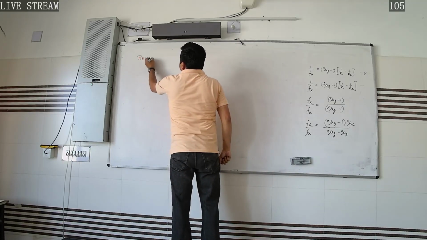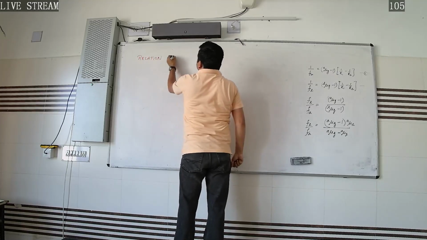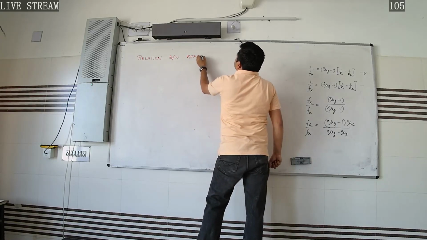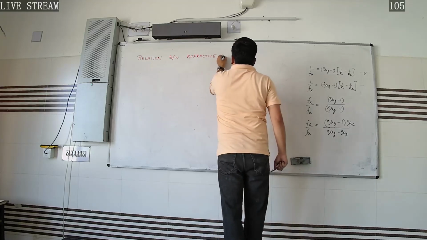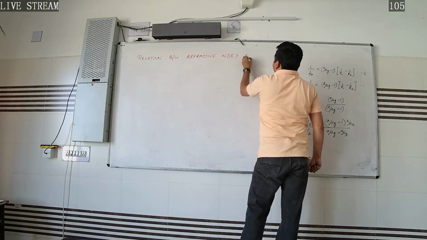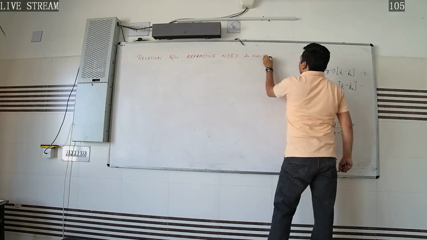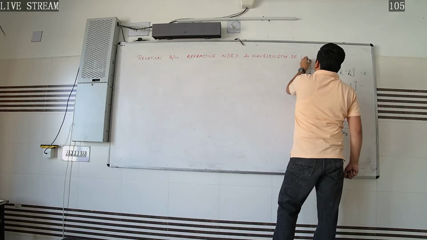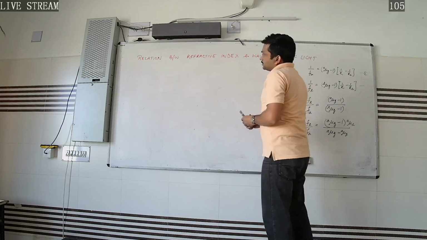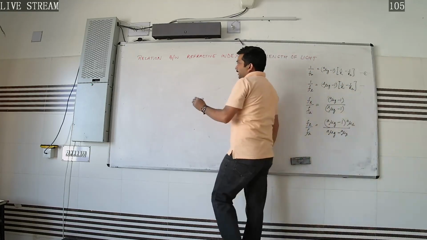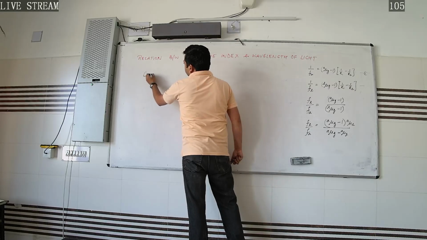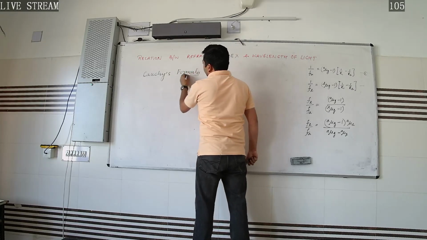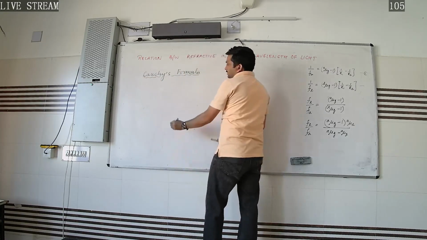This thing should be kept in mind: the relation between refractive index and wavelength of light is popularly known as Cauchy's formula, C-A-U-C-H-Y, and it is named so because the scientist called Cauchy gave this formula.